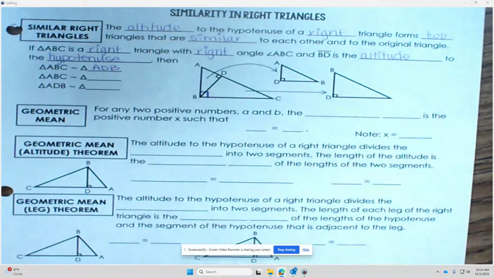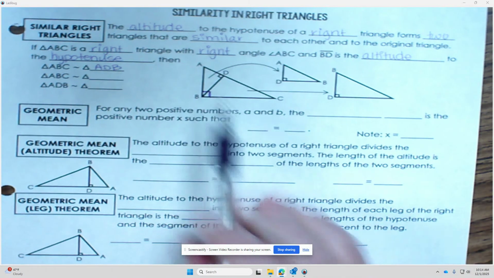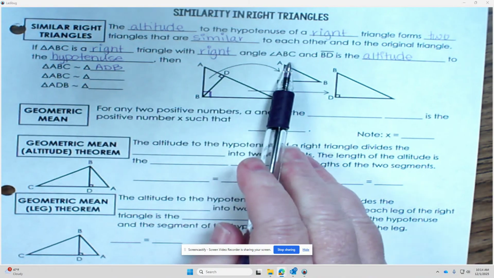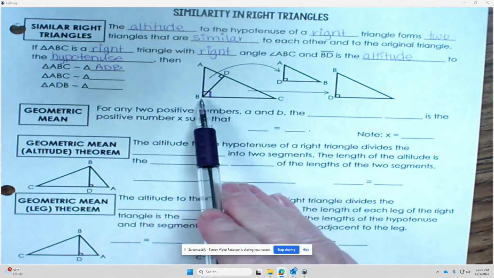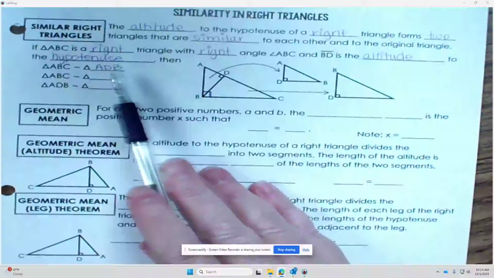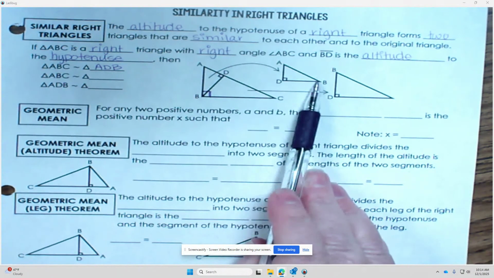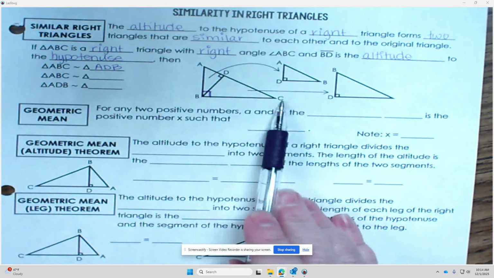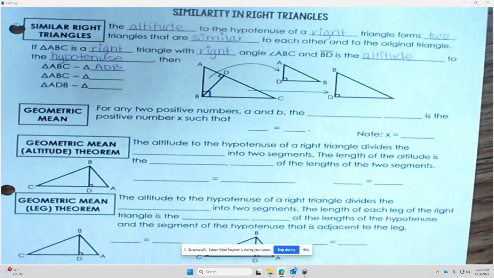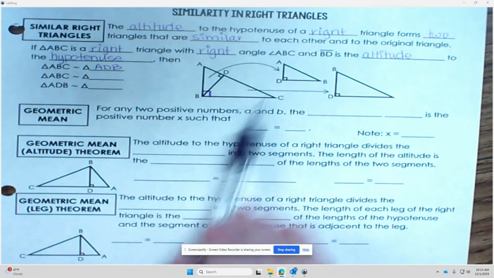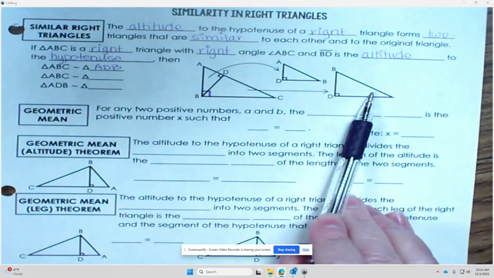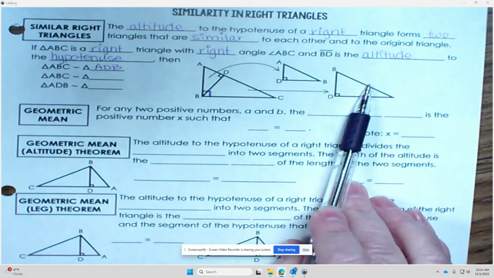Because remember, our corresponding parts need to be lining up. So A is going to be corresponding to A. My right angle is corresponding to my right angle. So B and D are together. And then the new B over here is going to be corresponding to my original C. Okay. And then I could do the same thing. I can say this bigger triangle corresponds to this medium-sized triangle.